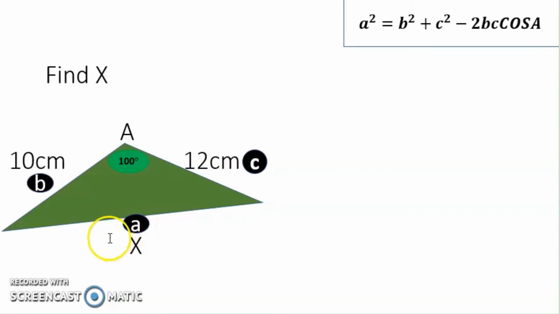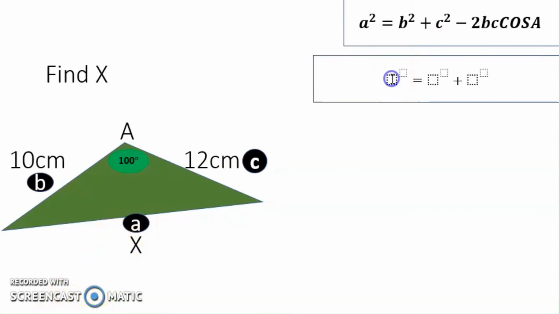So how do we get the value of x? Substituting into this formula, our A is x, so we replace A with x, which is x squared. Our B is 10 centimeters, so it becomes 10 squared.